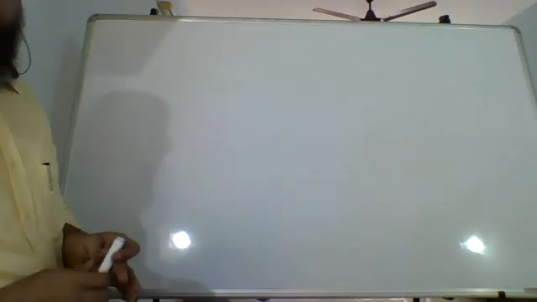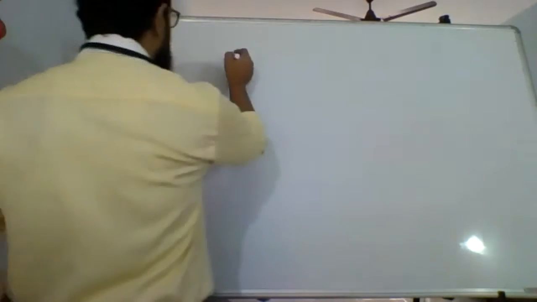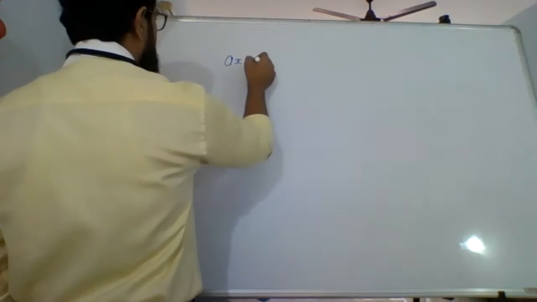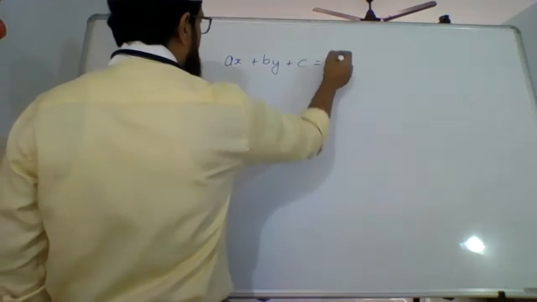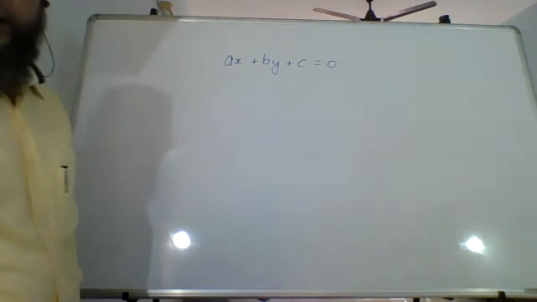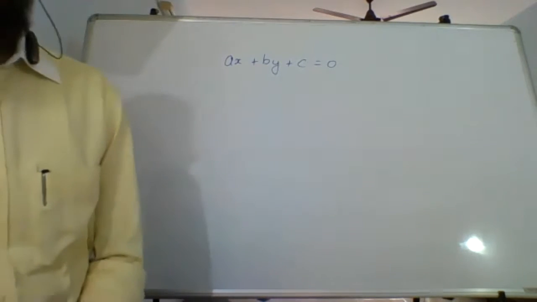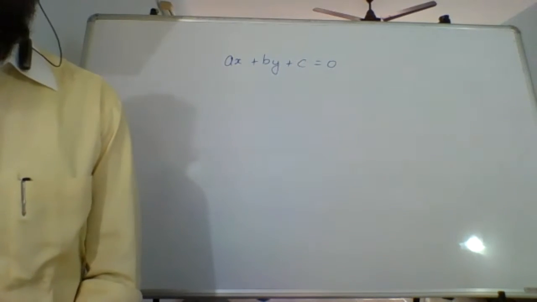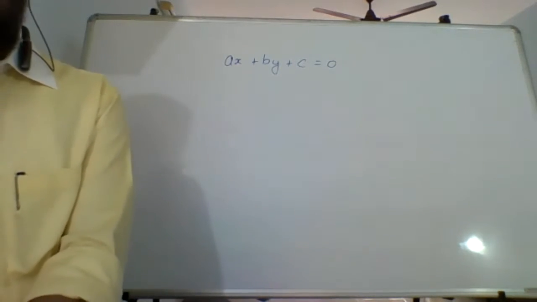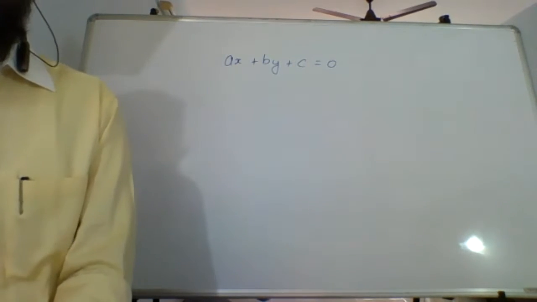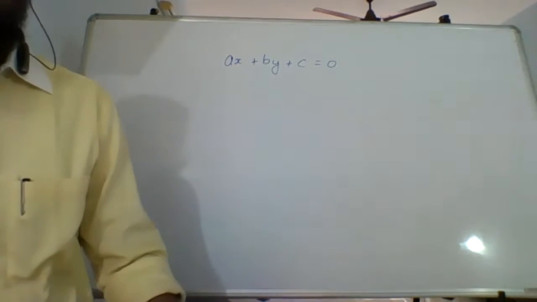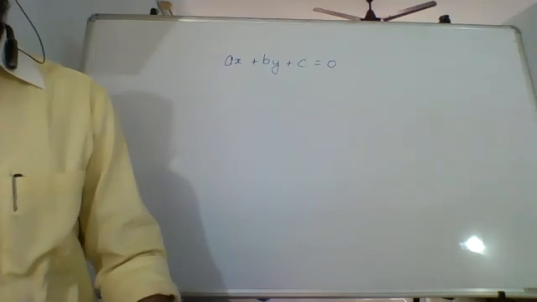So any equation which is written in the form of ax plus by plus c equal to 0 is called a linear equation in two variables.